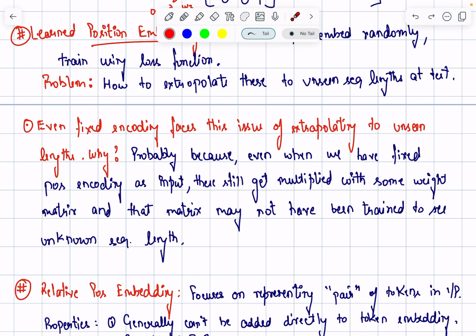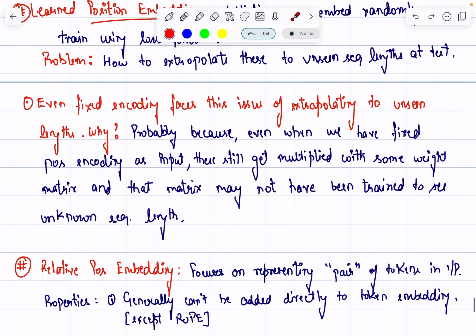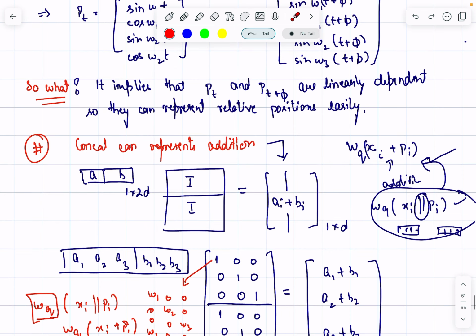Okay. Even if we have a fixed positional encoding as input, for example in the case of sinusoidal embedding, these positional embeddings were then getting multiplied by WQ, right? So this Pi was supposed to be in a range while training, right? The model assumed that the value will be in a particular range, right?